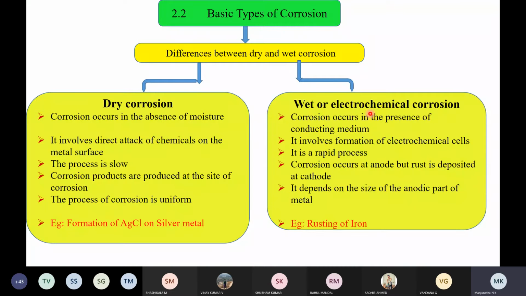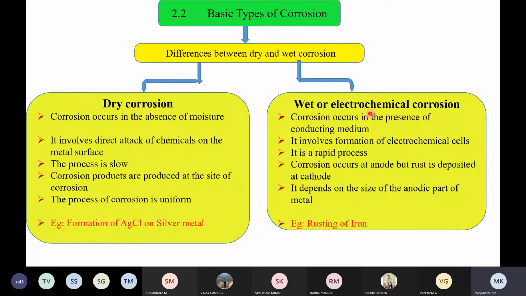If it undergoes corrosion in the presence of dry atmospheric gases through a chemical reaction, that is called dry corrosion or chemical corrosion. For that, one example is the formation of silver chloride on silver metal. The second one is wet or electrochemical corrosion.